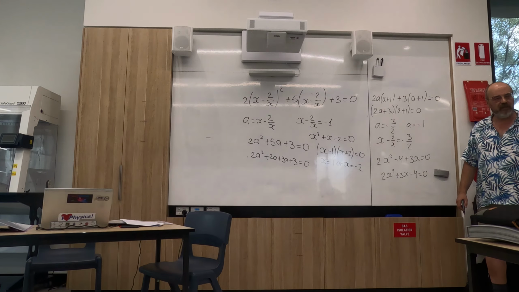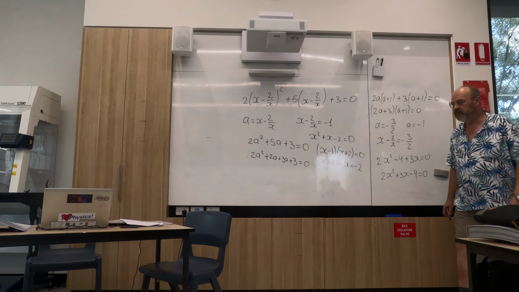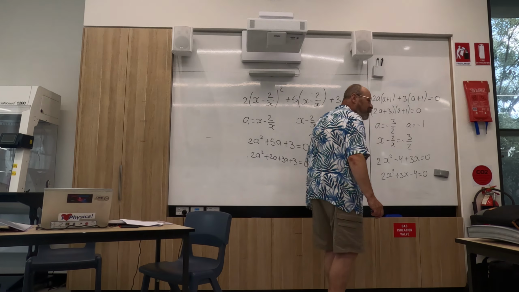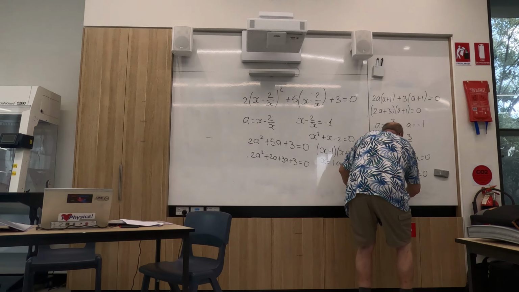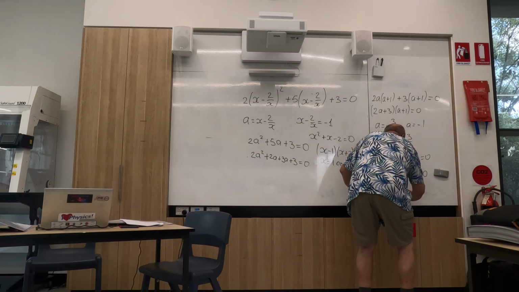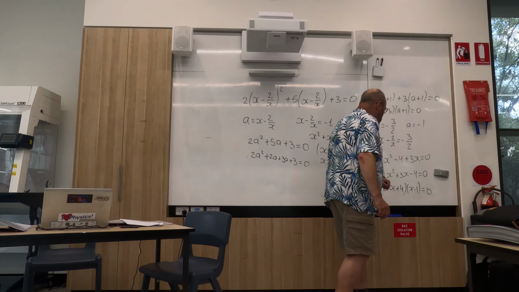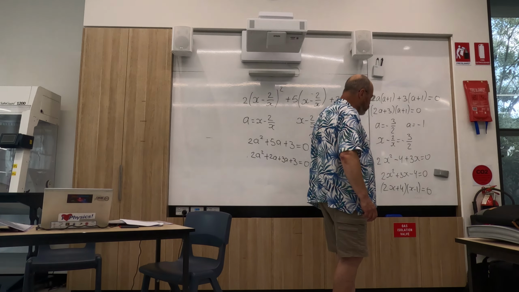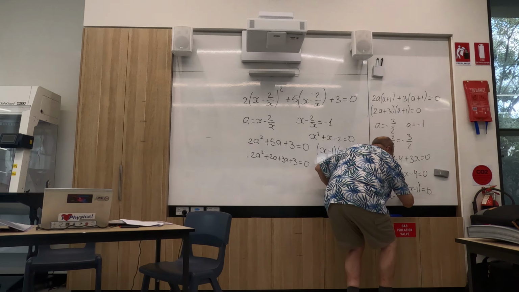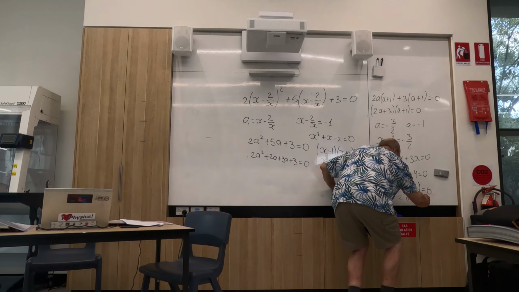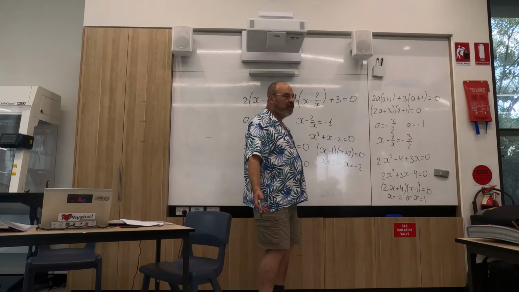What does this factorize to? 2x plus 4 times x minus 1. Let's check: 2x squared plus 4x minus x minus 4. Yes, correct. So x equals negative 2 or x equals 1. We got the same answers.